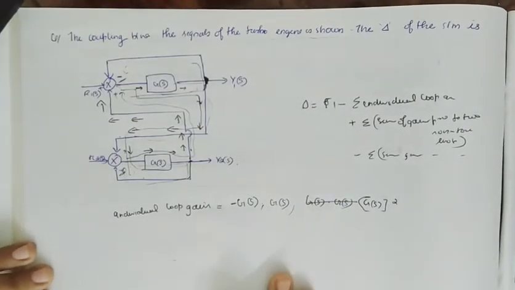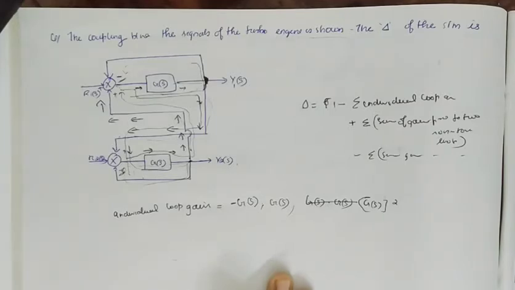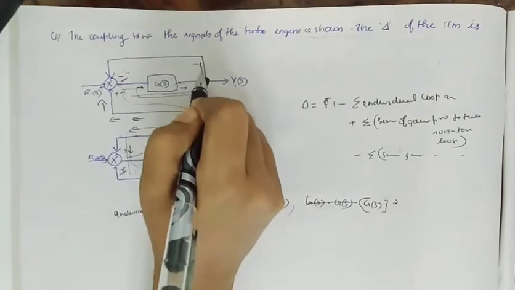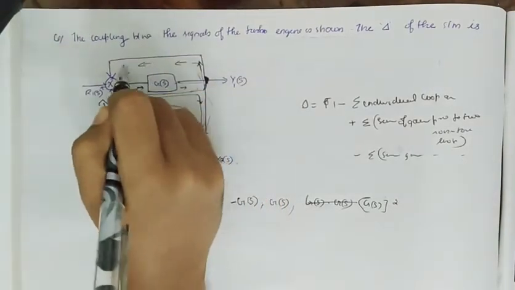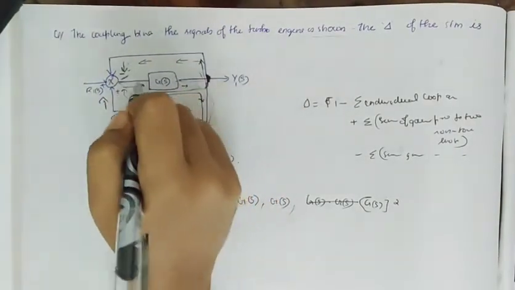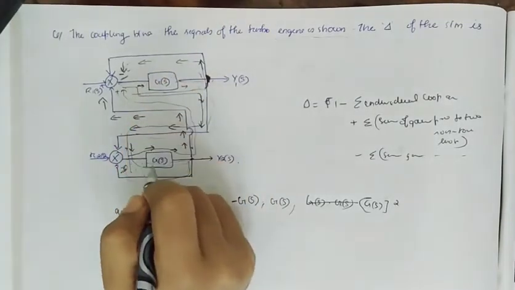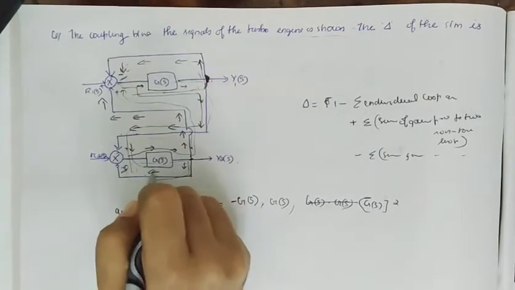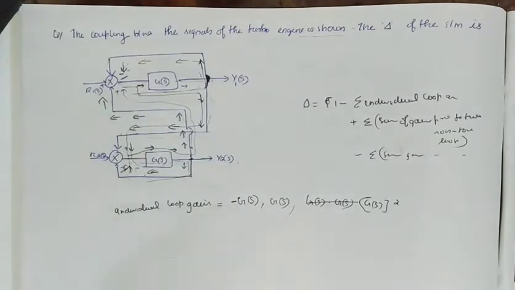So that is the individual loop gain again. And for the other one, we have to see if there are two non-touching loops and three non-touching loops. This is one loop and this is another loop. These two are non-touching, they don't have any common nodes.